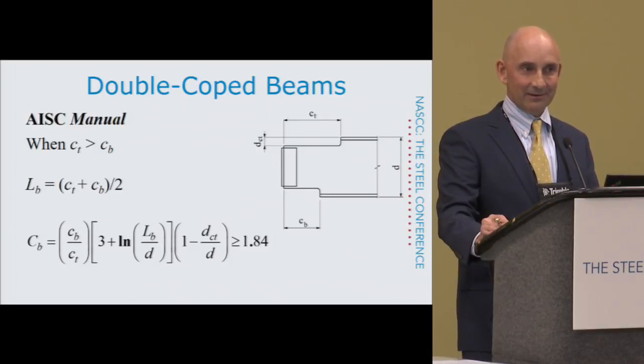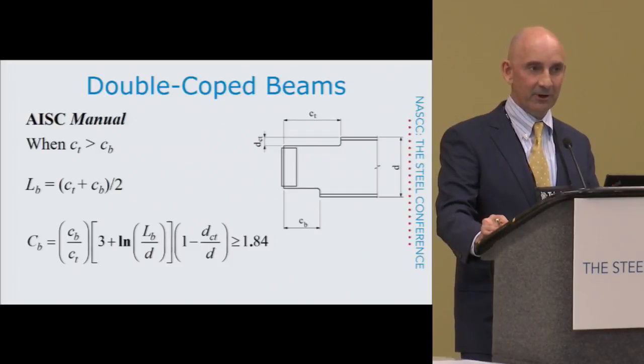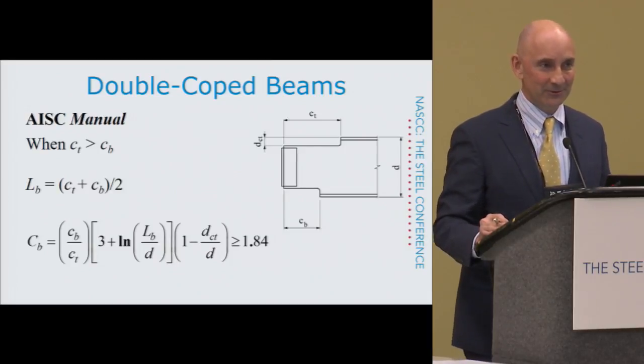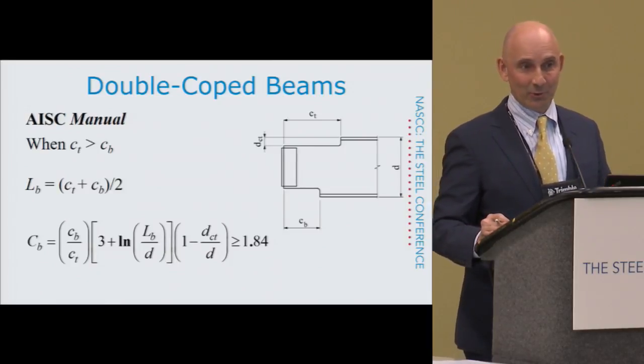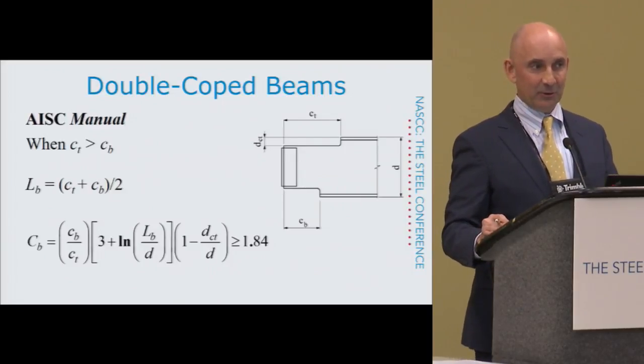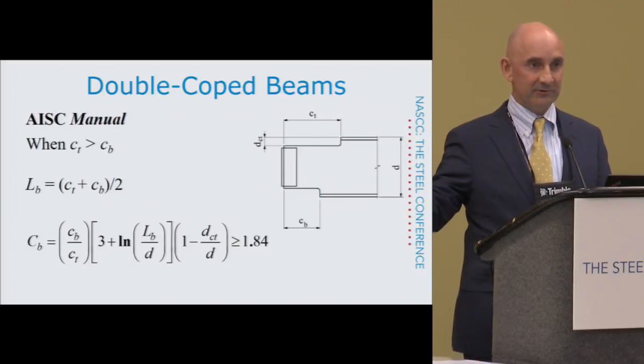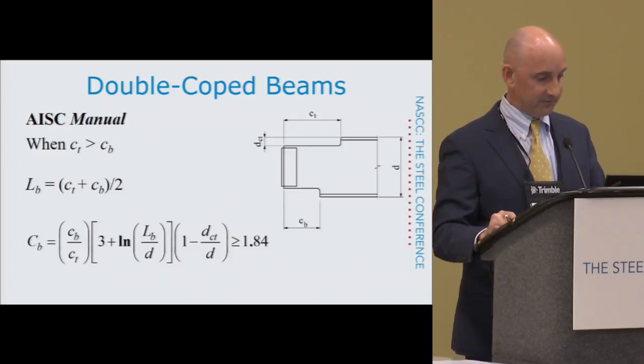I'm always amazed that he can come up with these simple rules, him and other people like Dr. Bill Thornton, for gusset plates and things like that. It's not just based on saying, what the heck, why don't you average the two? It's based on thinking about it and knowing what the failure mode is. That's the point I'm trying to get. If you know how it's going to fail, you can come up with a good design model. And that goes for copes or any type of connection element.